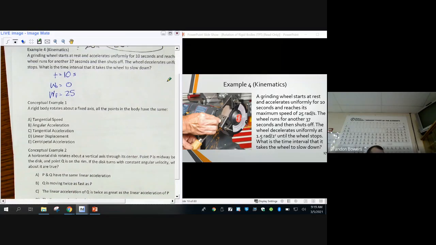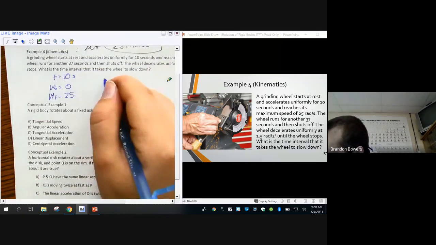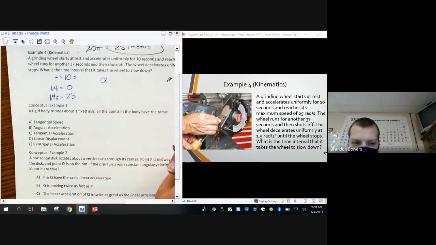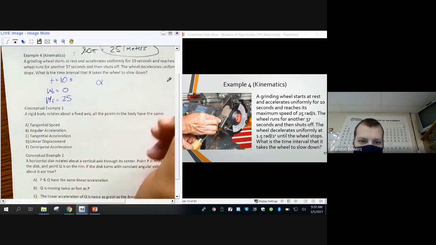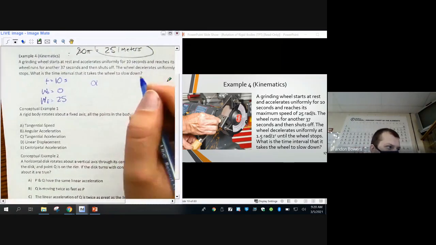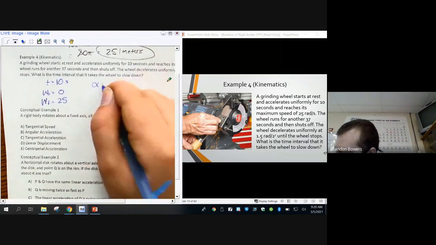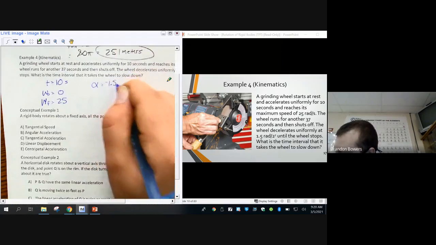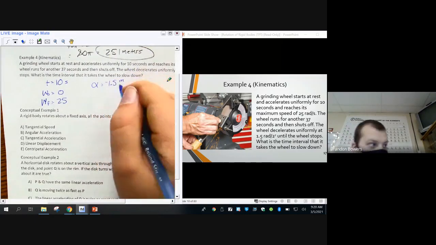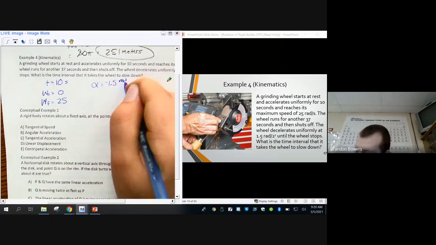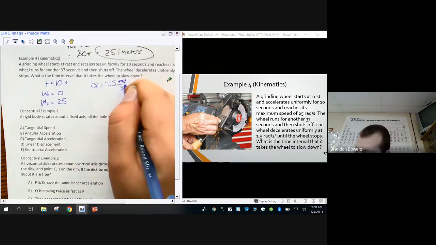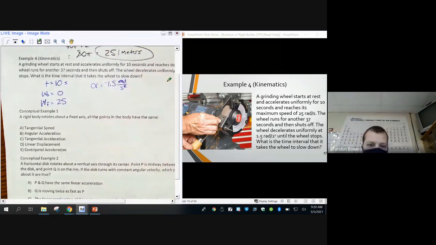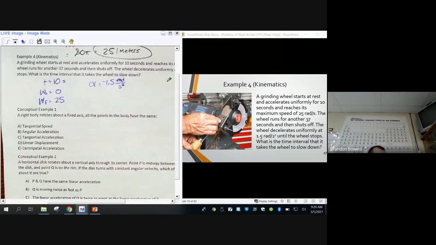So in the deceleration, we know our alpha. My deceleration, so my alpha is negative 1.5. Oh, radians. Holy smokes, radians. That was a good save. Per second squared. Okay, so we know alpha.